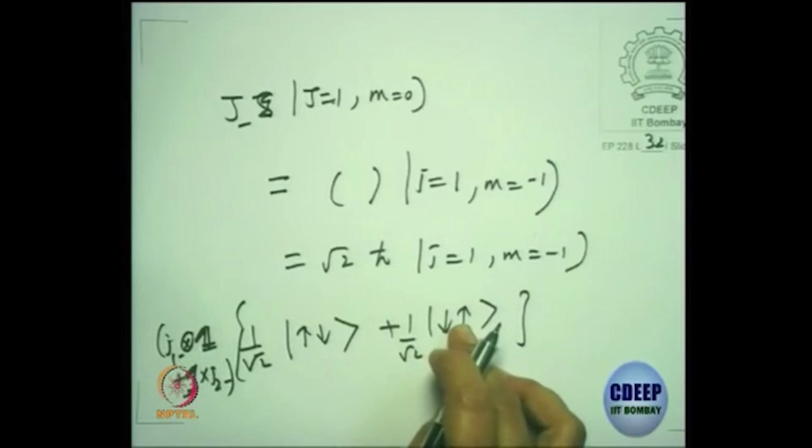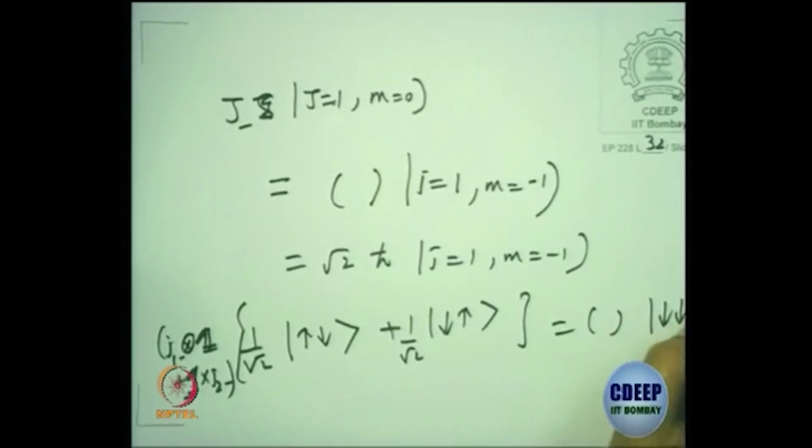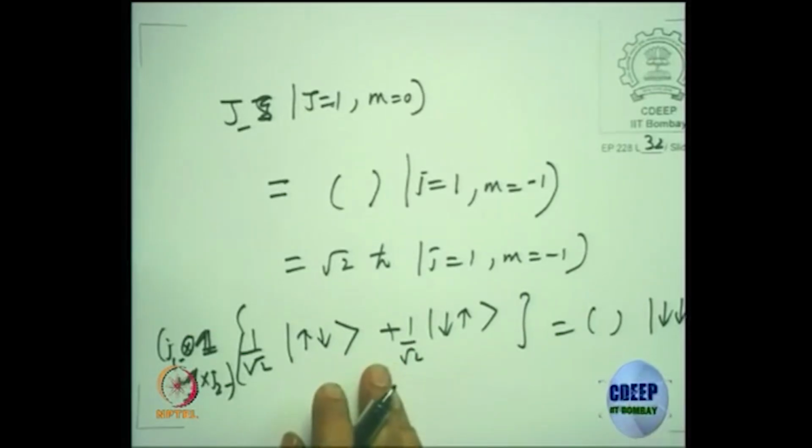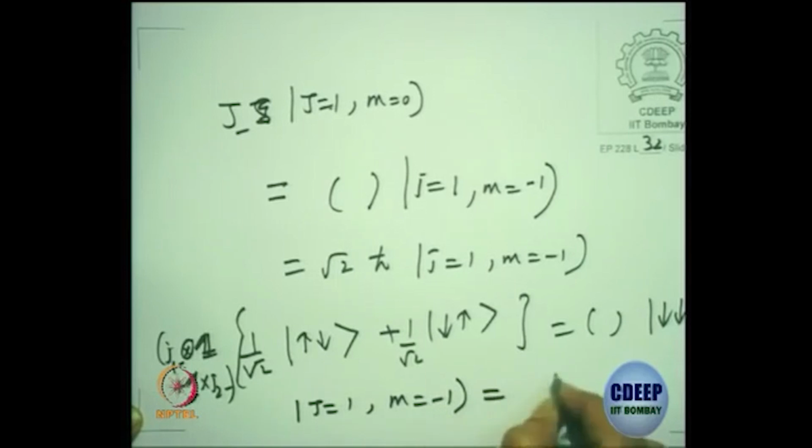J1 minus will not act on it. So it is going to be some coefficient times down. And then you compare. And then what do we get? J equal to 1, M equal to minus 1 is down down with plus 1 coefficient.